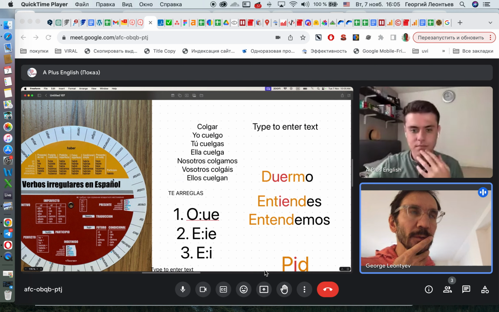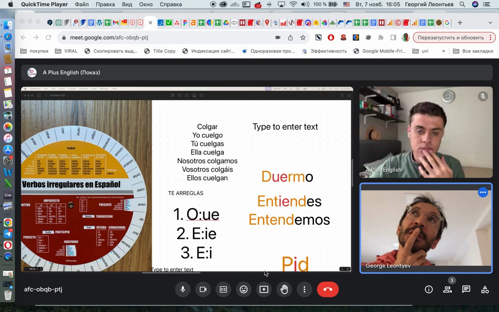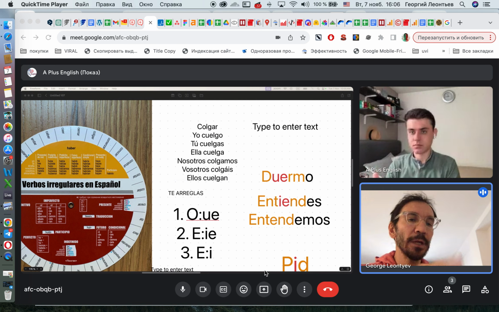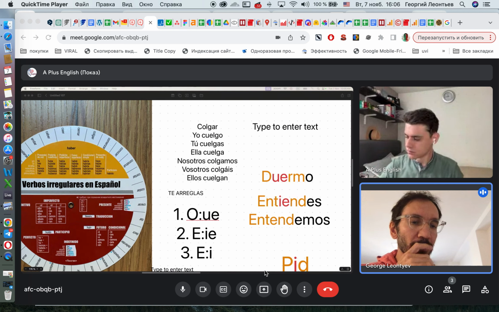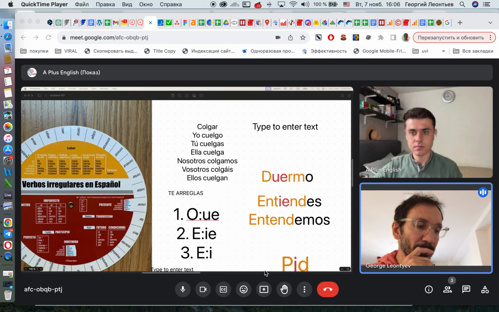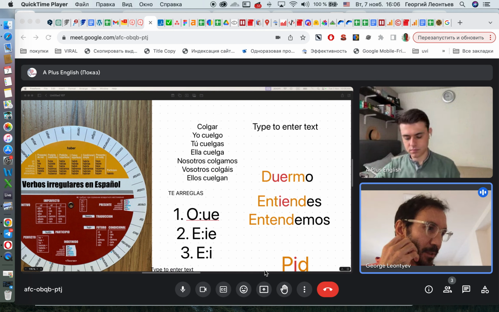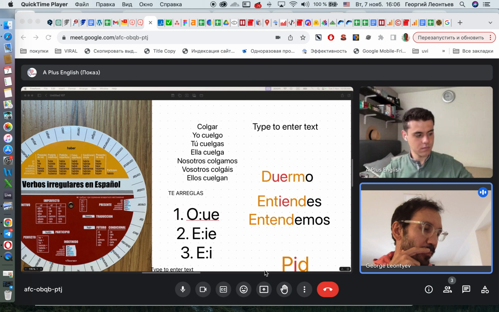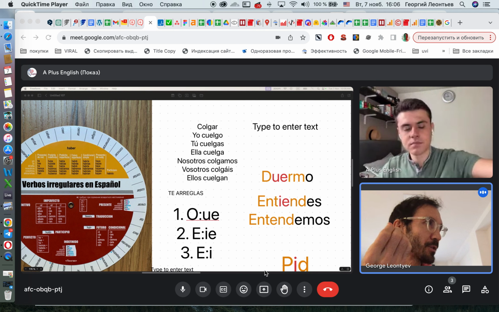How can we find an equivalent in English? I know we actually have pretty much the same rules in Russian. It's easier to understand for Russians, but in English, what is the equivalent construction?